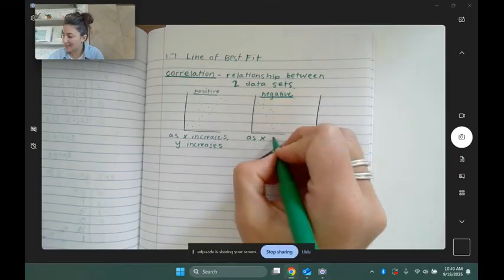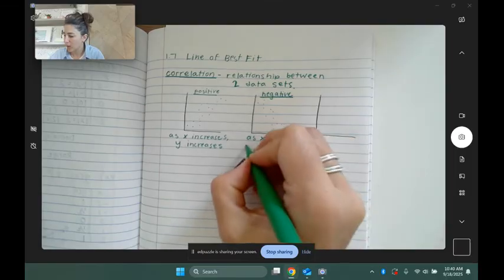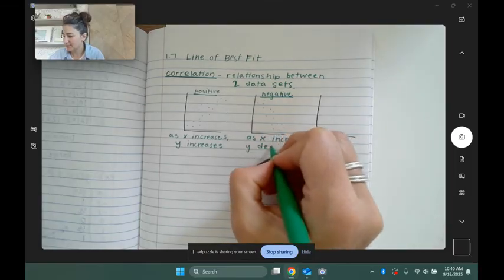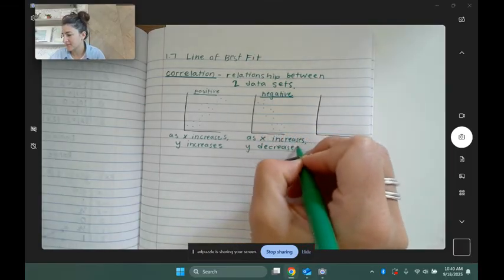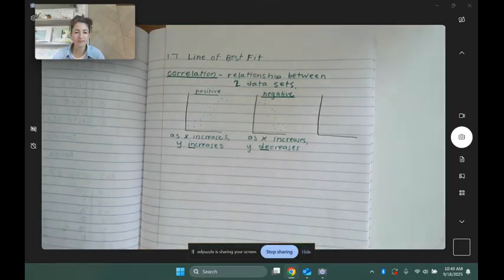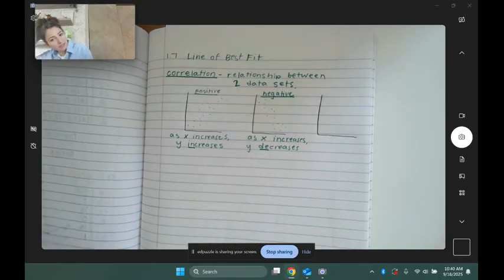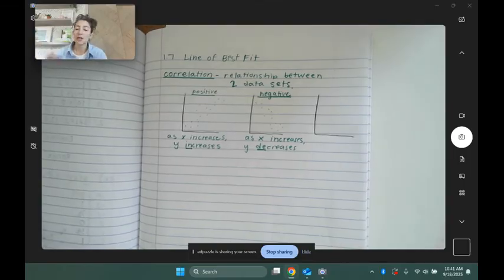As X increases, Y decreases. As X gets higher, Y goes down.